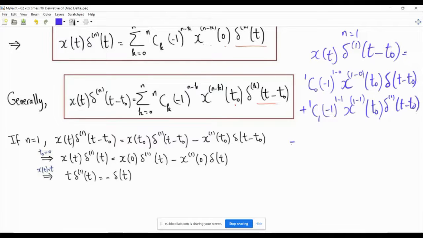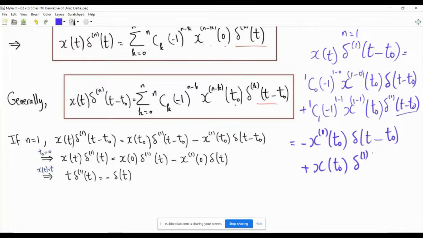So if we refine our results, 1 choose 0 is 1, minus 1 to the power 1 minus 0 is minus 1, so this is minus the first derivative of x evaluated at t0 multiplied by the Dirac delta at t minus t0, and then you have plus 1 choose 1 is 1, minus 1 to the power 0 is 1, and so this will be the function itself at t0 multiplied by the first derivative of the Dirac delta t minus t0.